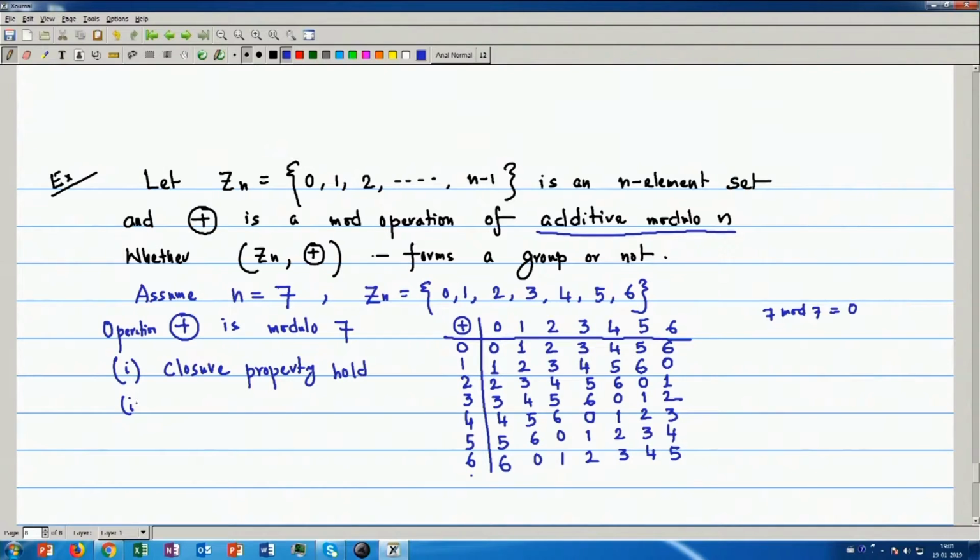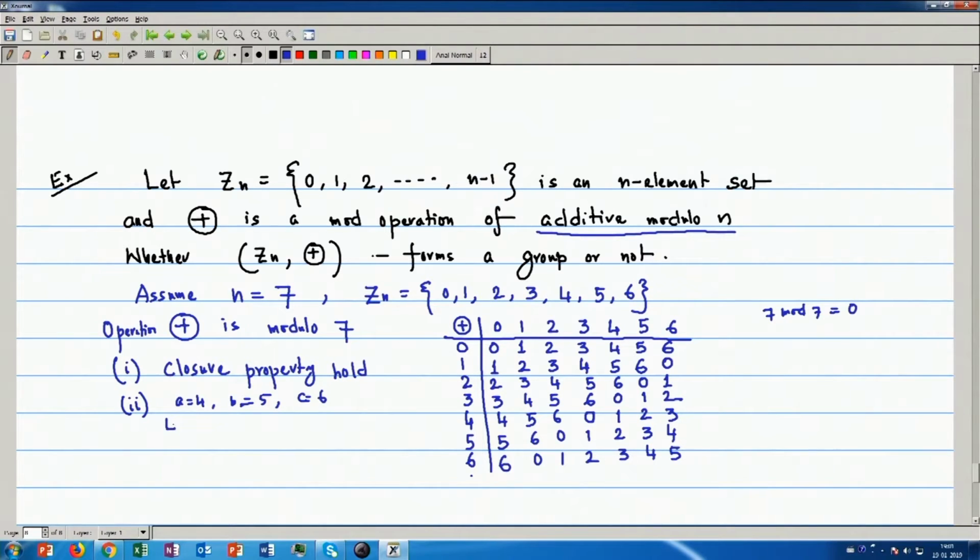Now, associative, since it is addition. So, we can take A is 4, B is 5 and C is 6.